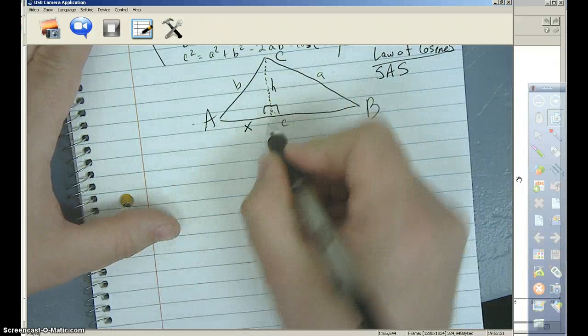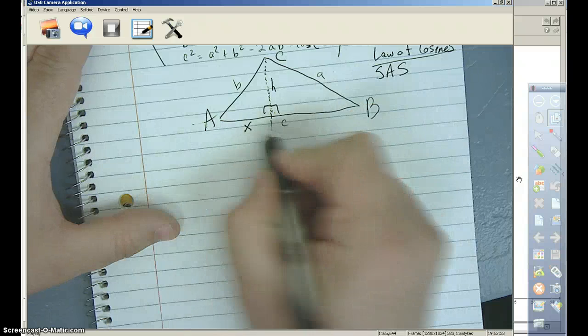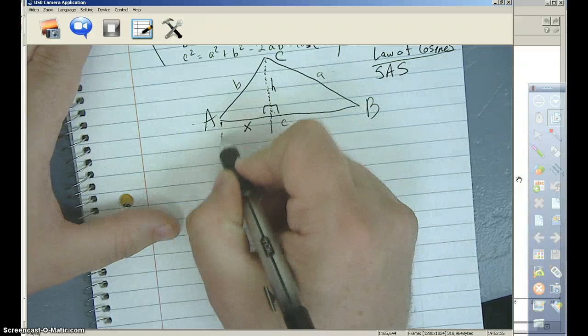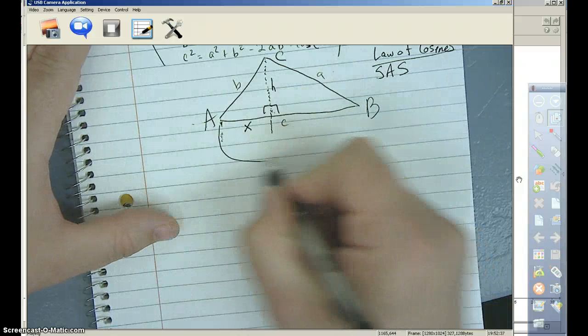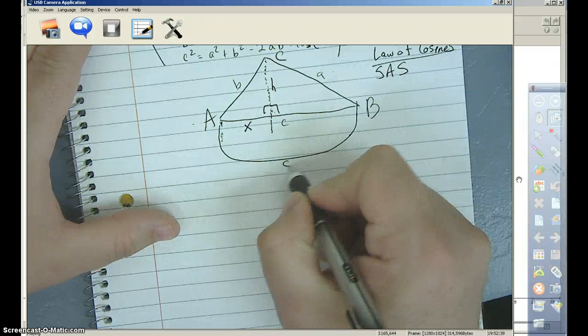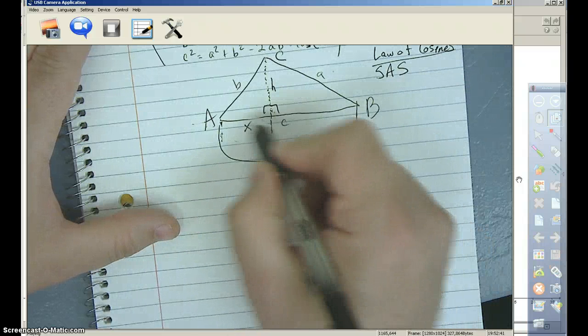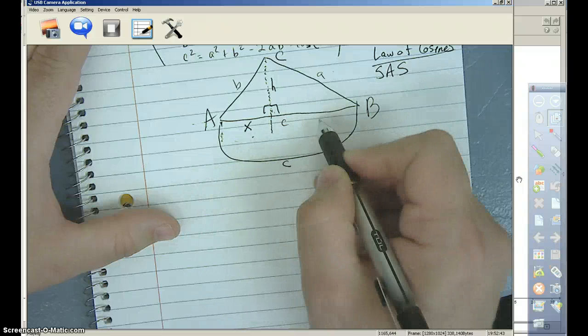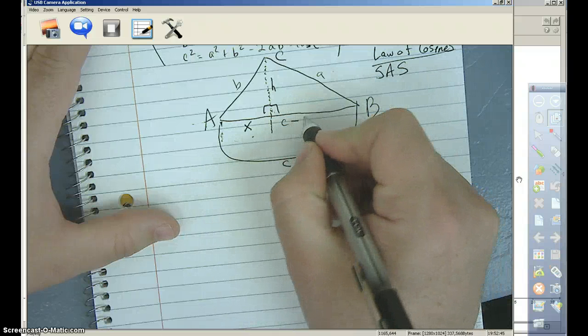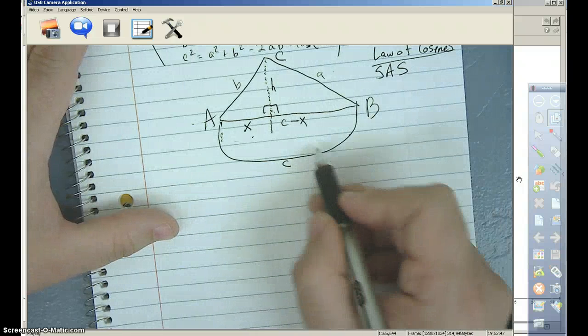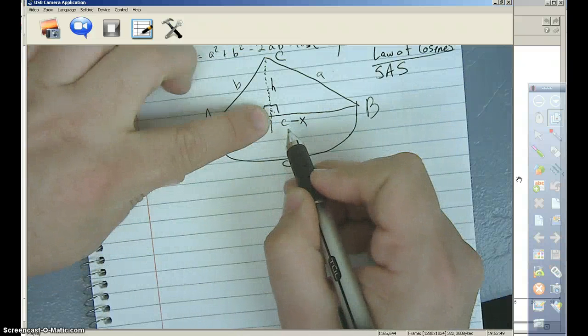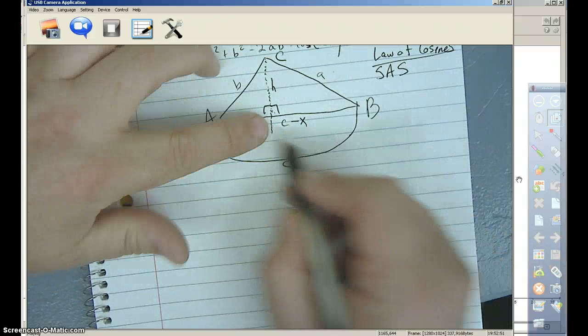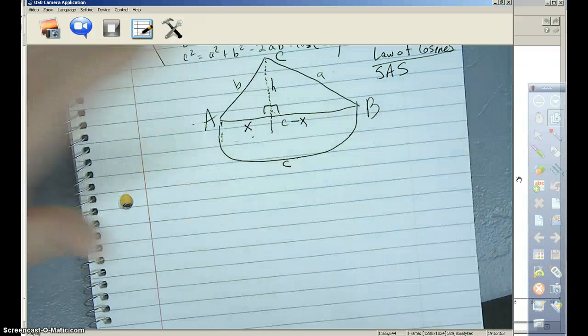It is x units. We don't know. We only know that the whole thing here is c units. So if this much is x, then this would be c minus x. It's all of c taking away that part.